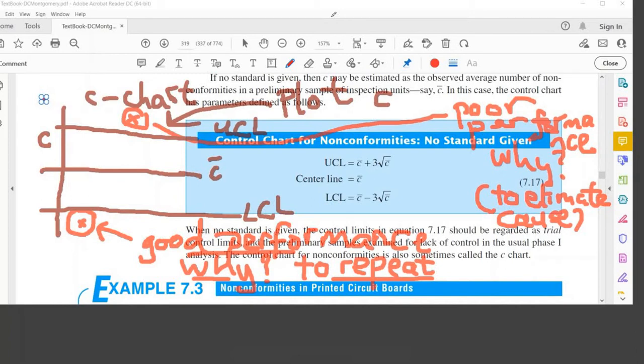We need to identify that problem to remove it. But in the case of an attribute control chart, a point below the lower control limit indicates good performance. So I hope that is clear.